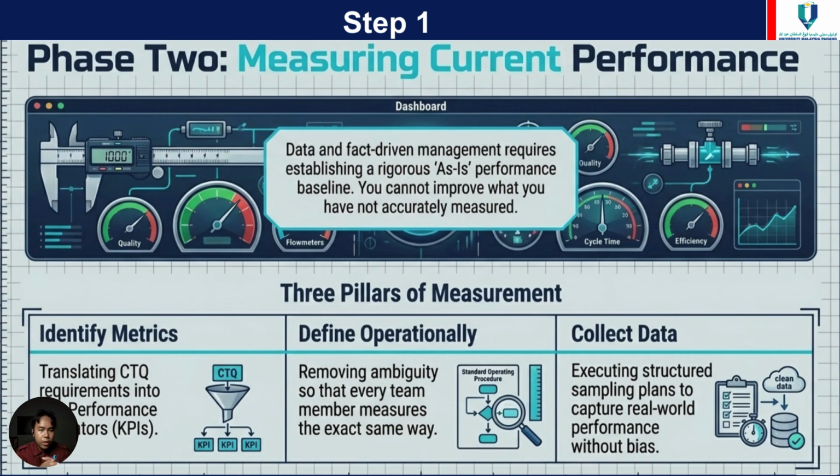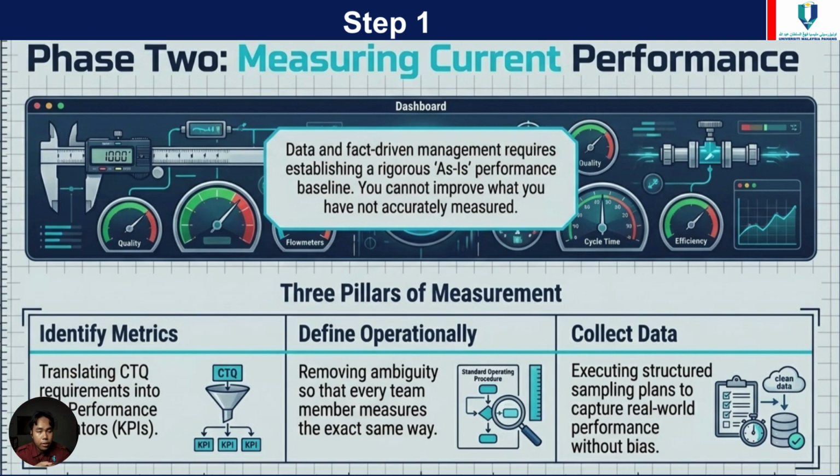So there are three pillars of measurement. First, identify metrics. We translate the CTQ from the define phase into key performance indicators, KPIs, and then define operationally, where we remove ambiguity so that every team member measures in exactly the same way.